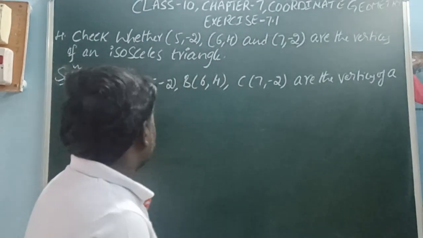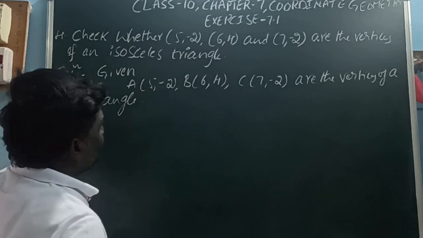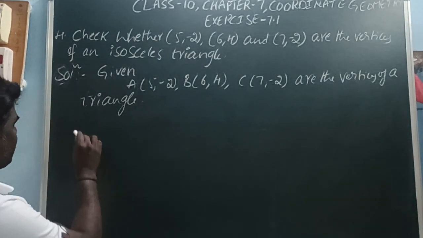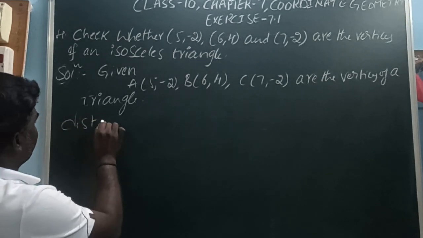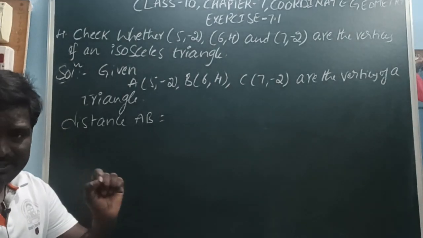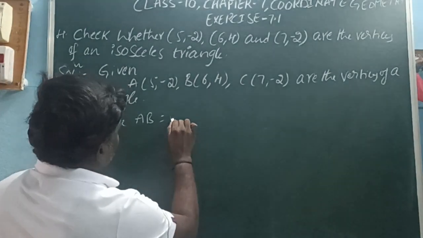Okay, so here given A (5, -2), B (6, 4), C (7, -2) are the vertices of a triangle. So distance AB is nothing but a side of triangle ABC, one side. So what is the formula?